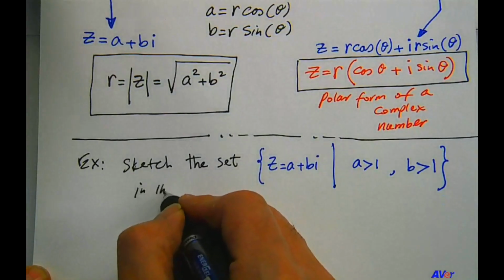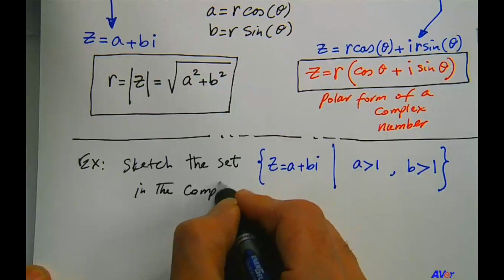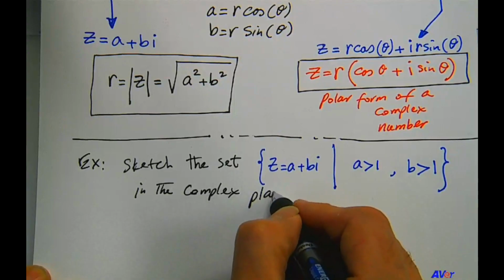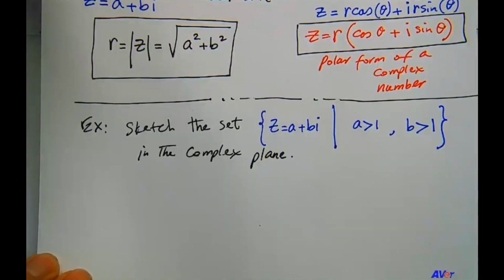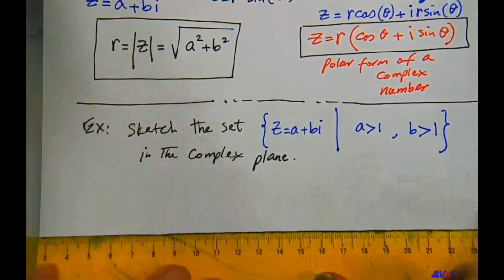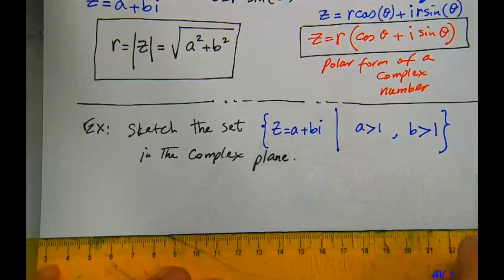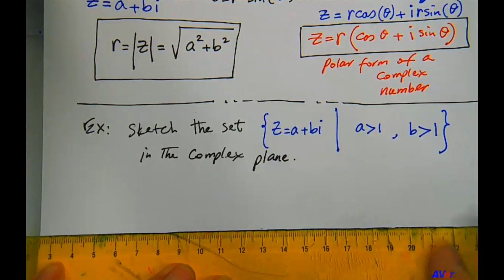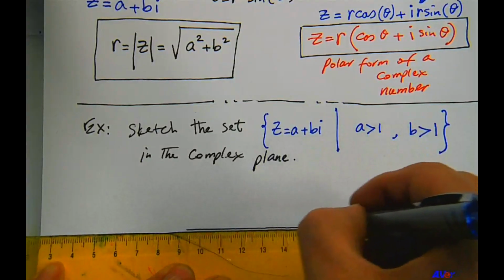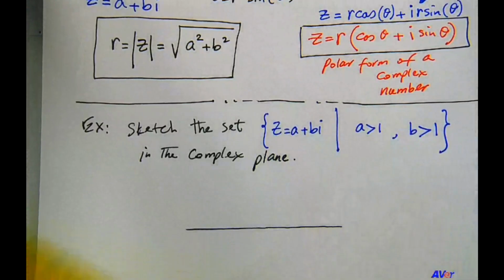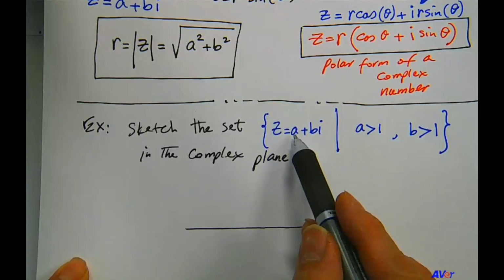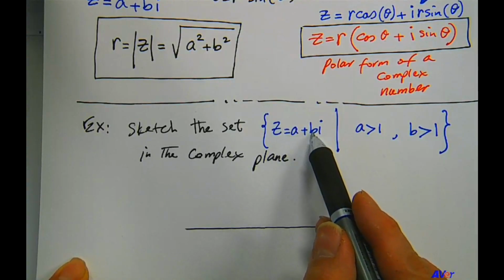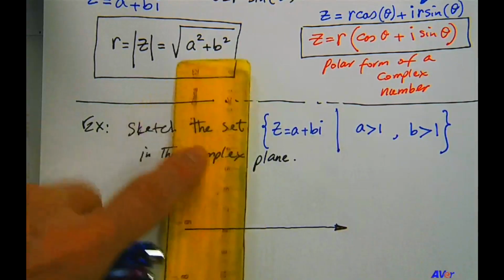We want to sketch this set in the complex plane. It's an easy graph to draw, but I thought this might puzzle some of you. That's just setting two conditions on the values of the real and the imaginary parts of this complex number.